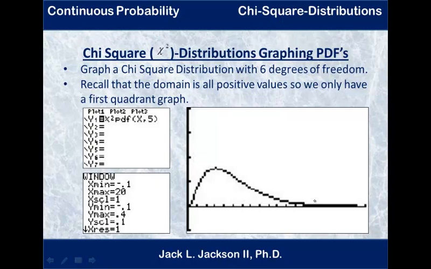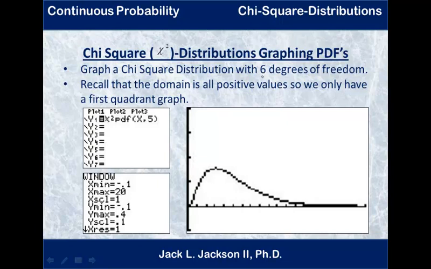So we can graph a chi-square distribution, say with 6 degrees of freedom. Since the domain is only positives, or 0 and up at least, we really only have a first quadrant graph. I've got some down here in the fourth quadrant just to leave a little space at the bottom. So I set my x-min at, well, I chose -0.1. I should have just chosen 0. It's fine. And then in this case I decided to go out to about 20.